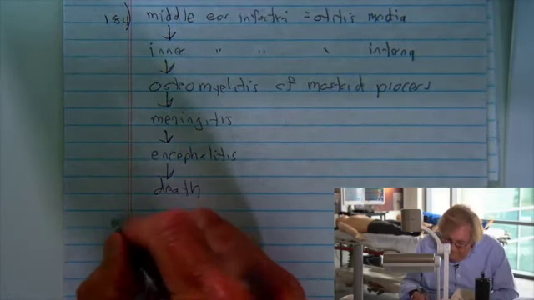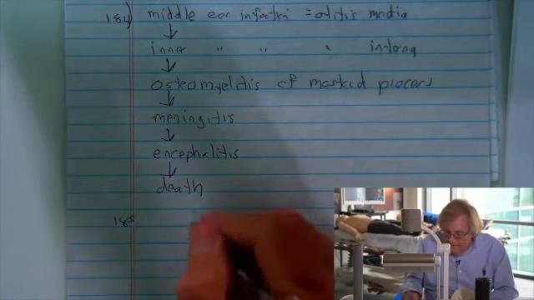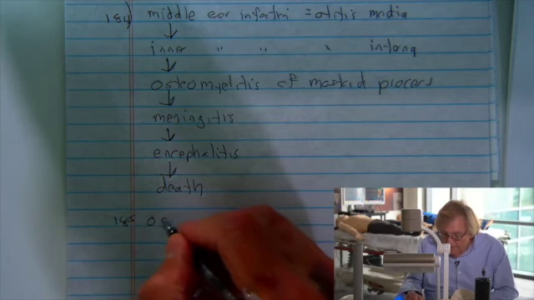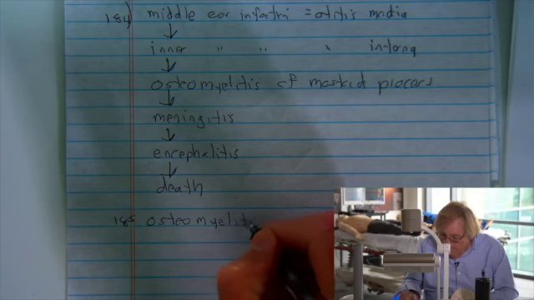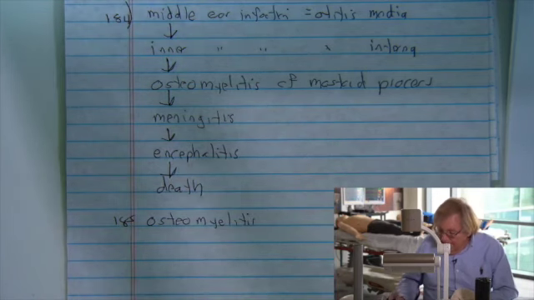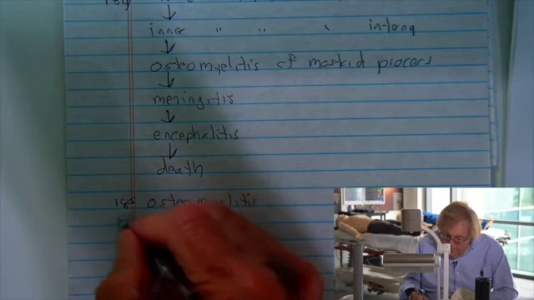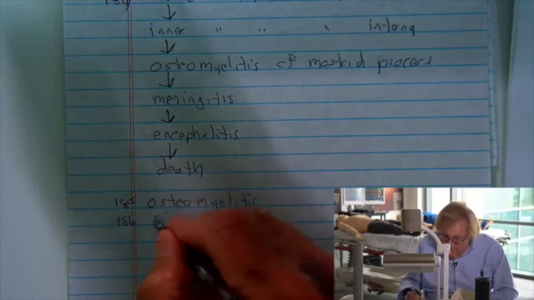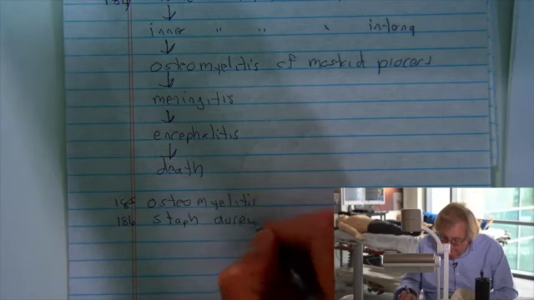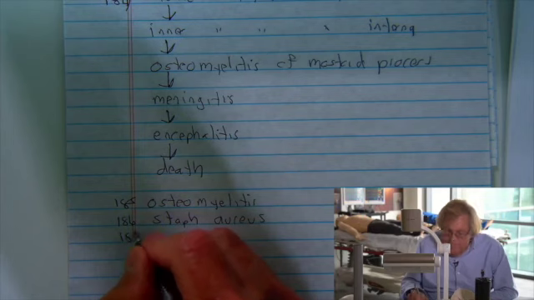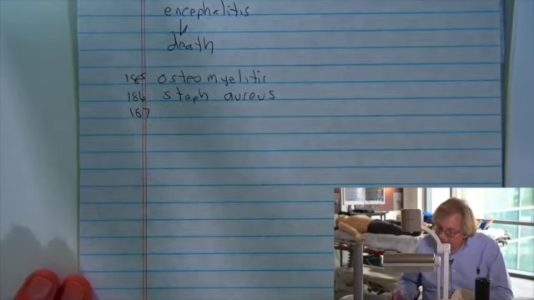185 is bacterial bone infection. I just said it, it's osteomyelitis. What's the bacteria that most commonly causes it? That's number 186, and that's Staph aureus. 187 is Lyme disease.